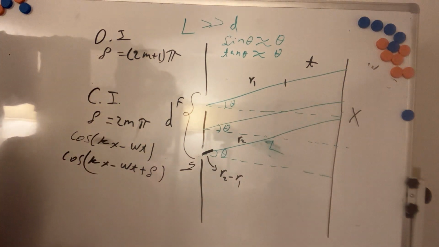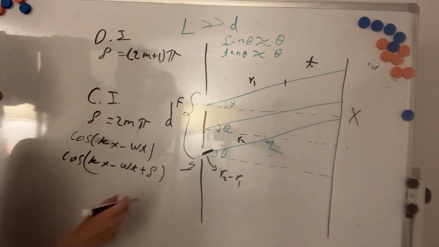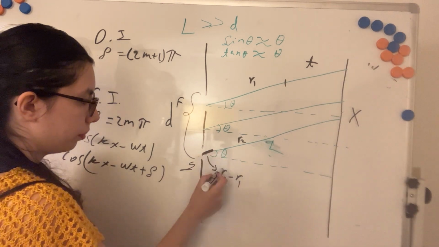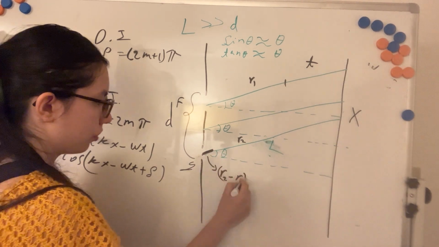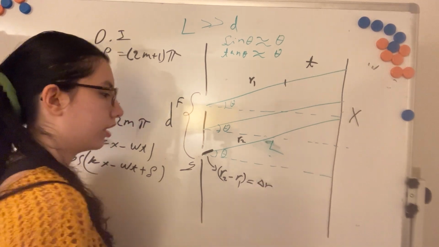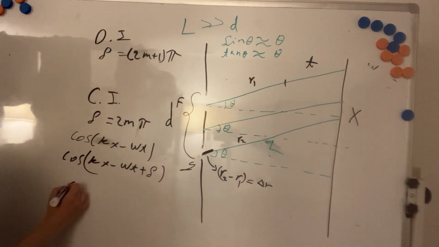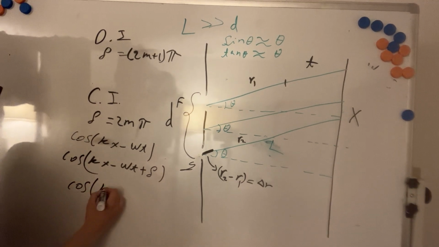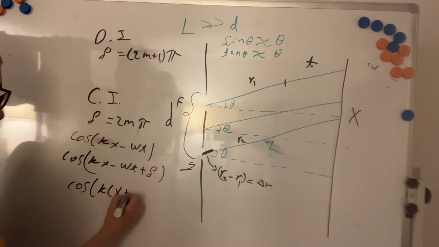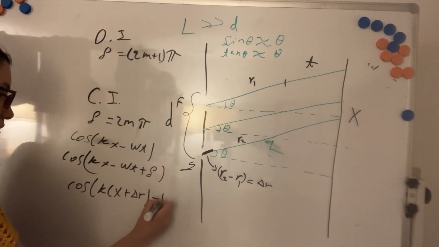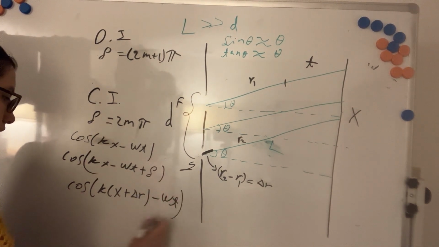Let me call this R2 minus R1 delta R. So we have cosine of k times x plus delta R, minus omega t.